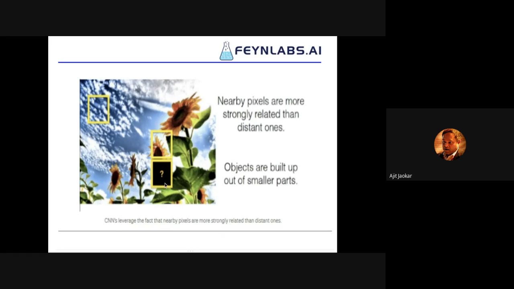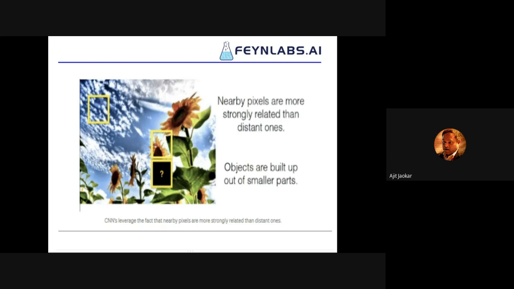So the idea here is that an image has what is called spatial proximity, spatial, not special. Things which are near to each other physically in an image are often related to each other.